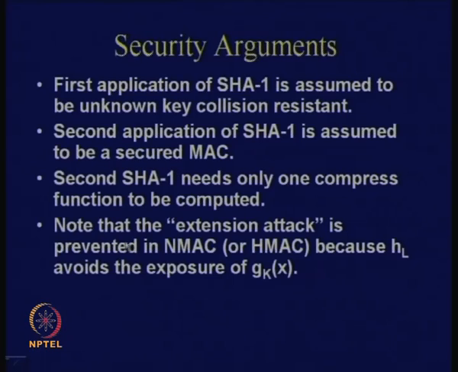Note that the extension attack which we have seen in the previous case is prevented in the case of NMAC or HMAC, because the outer hash function stops the exposure of the inner output.